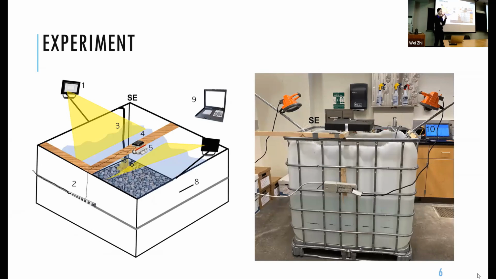So we made sure that there is no reflection: when this experiment is happening, all the lights in the room are off. Only these two projectors are on, and if they are less than 45 degrees, they will not produce any glare. So even if the water is a little turbulent, it's not going to show in our image.